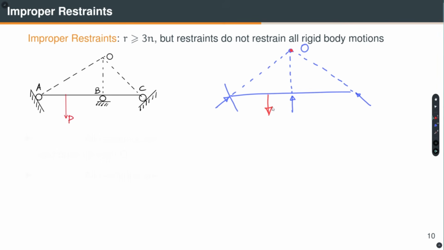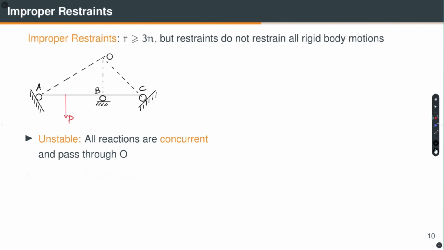Well, the moment balance is not being satisfied. So, then this beam will rotate about this point. So, although we have three unknown forces and three equations of equilibrium, it is not properly restrained. So, this is an example of improper restraint, hence it is unstable. So, all reactions are concurrent and pass through point O, hence it is unstable, right.